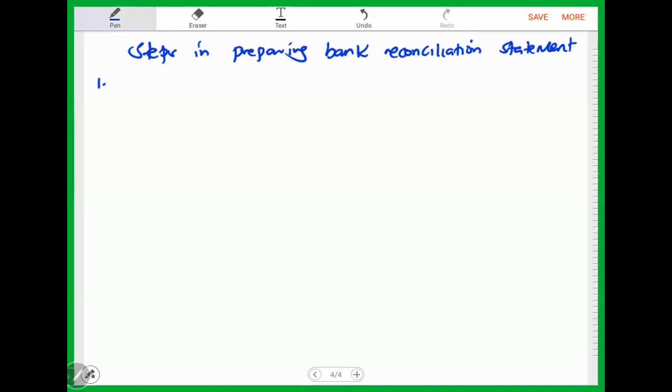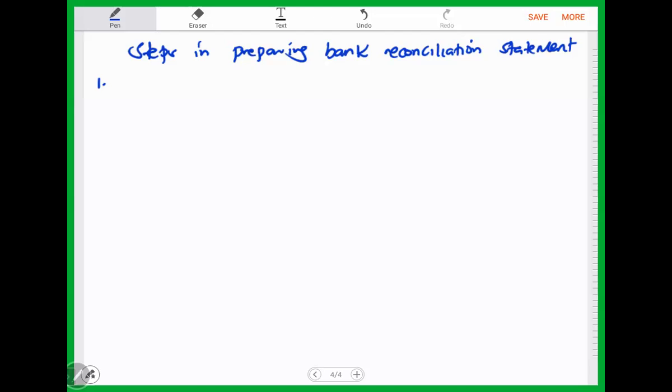Determine the adjusted balance as per the cash book, which should be the same as the balance as per the bank statement. So the reconciliation at the end shall provide a balance, which should be exactly the same balance that you have on the cash book.